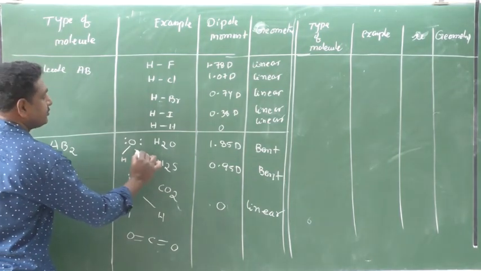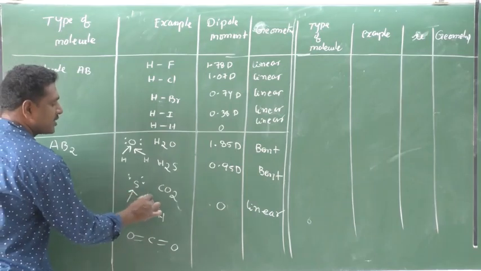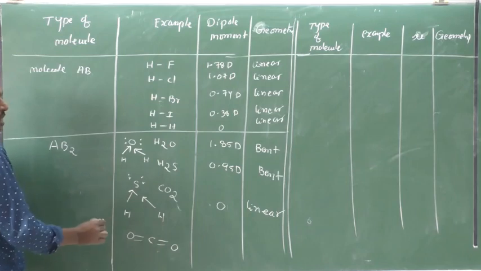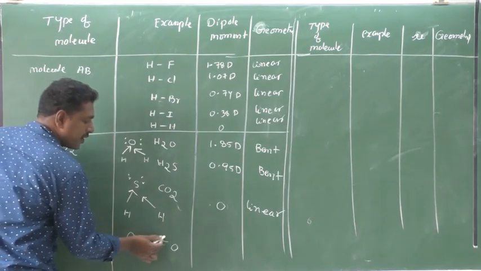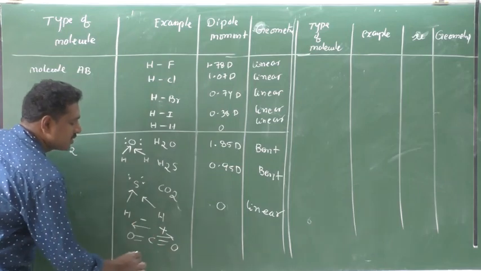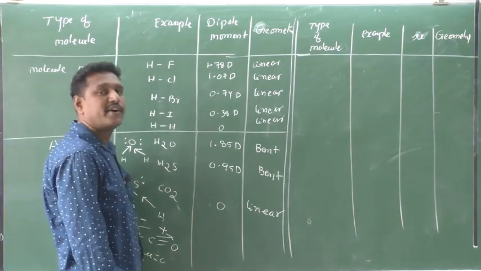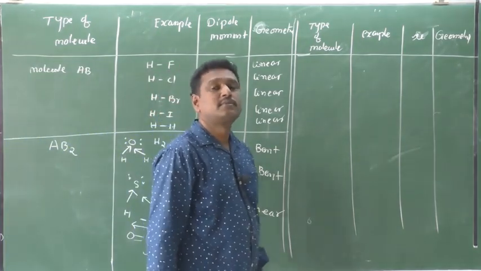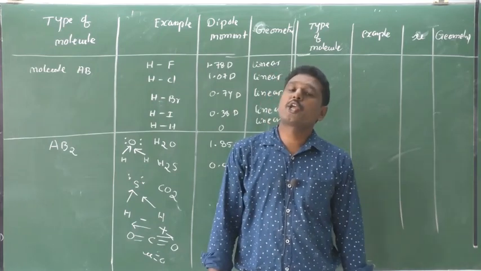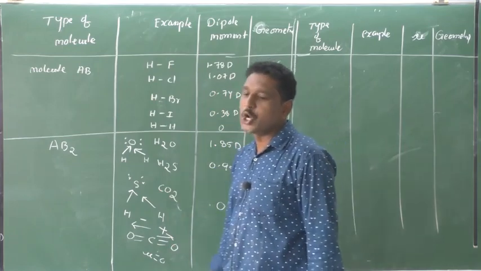In this direction we observe the dipole moment, but in the opposite direction it is minus, so the net dipole moment is 0 for linear molecules.